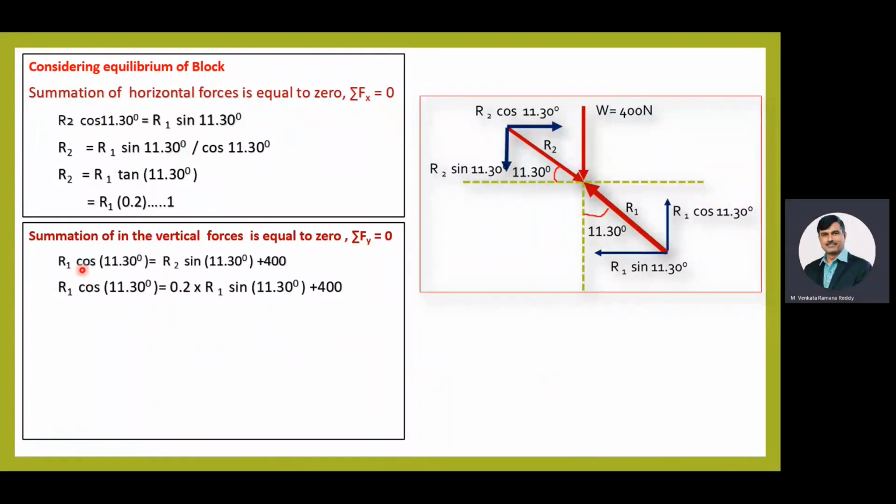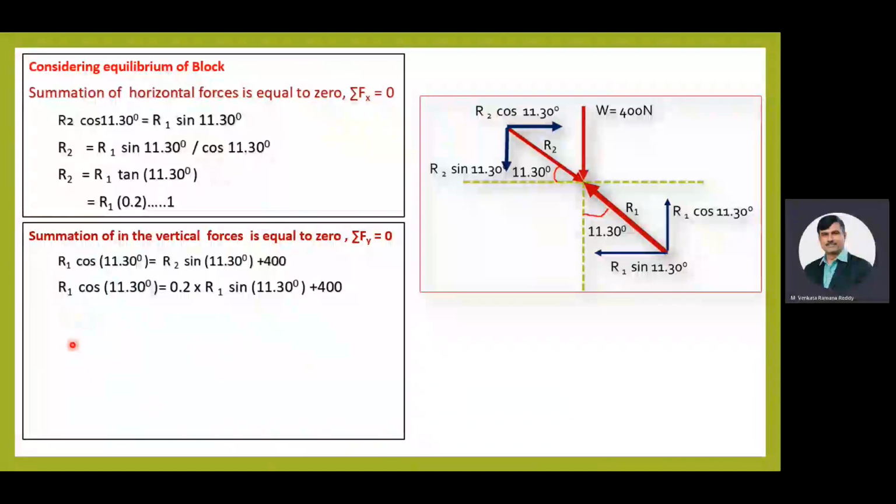Then R1 cos 11.30 degrees is equal to R2 sin 11.30 degrees plus 400. Then substitute the R2 value as R1 into 0.2. Then R1 cos 11.30 degrees is equal to 0.2 into R1 into sin 11.30 degrees plus 400. That is, here we substituted the R2 value as 0.2 R1.